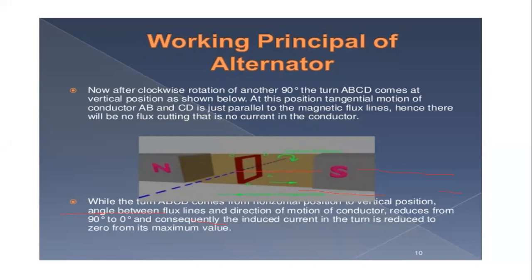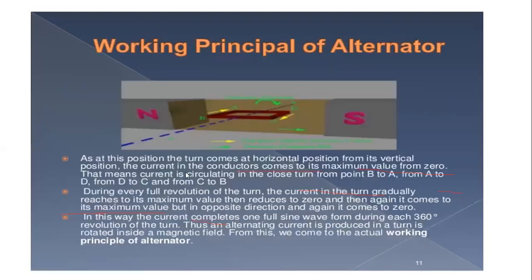At this position, the tangential motion of the conductors AB and CD is parallel to the magnetic flux lines. Hence there will be no flux cutting, and therefore zero EMF will be induced in this position.